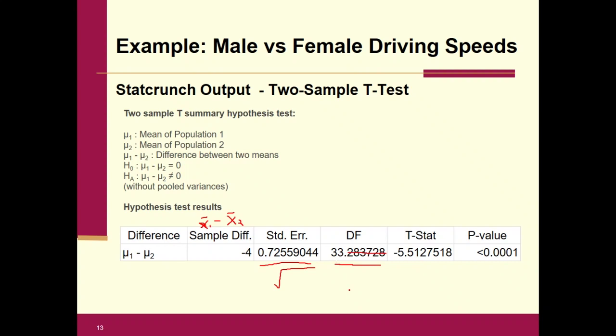I don't want to get into why the decimals just get dropped, but trust me on this, it's 33 degrees of freedom. Here's our test statistic, and it turned out to be a negative 5.51. Boy, that's a big test stat in magnitude, right? Which led to a very, very small p-value of 0.0001. Actually less than that even.